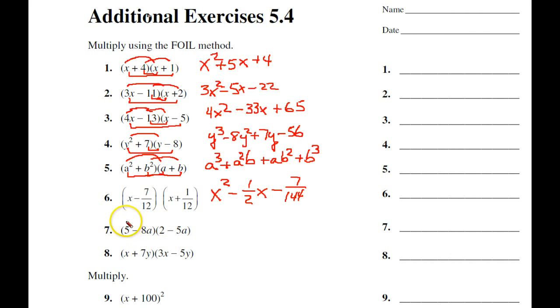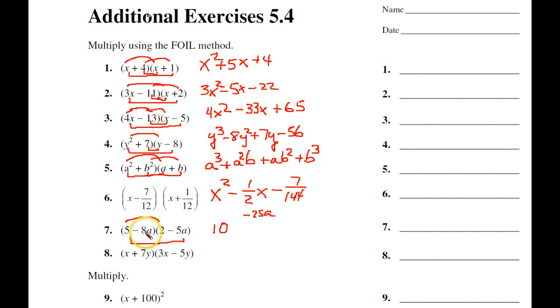Now, this we could do by regular FOIL as well. So 5 times 2 will be 10. And my outers will be a negative 40. Oh, no, I'm sorry. I'm doing the wrong ones. 5 times 5 is a negative 25. Let me write that. Negative 25a.